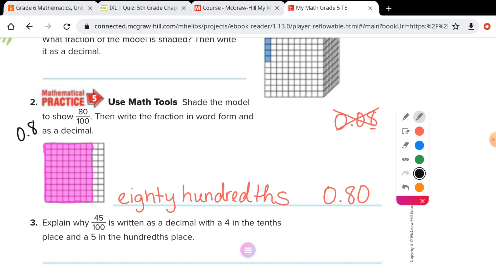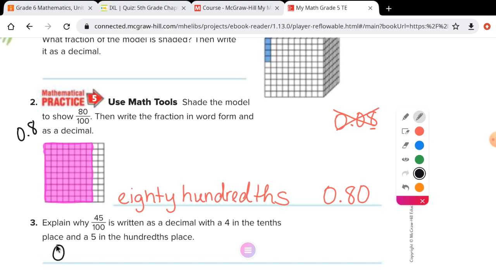Explain why that number is written as a decimal with a 4 in the tenths place and a 5 in the hundredths place. It's kind of hard to explain. Let's talk about what the decimal would be. Addie J? 0.45.